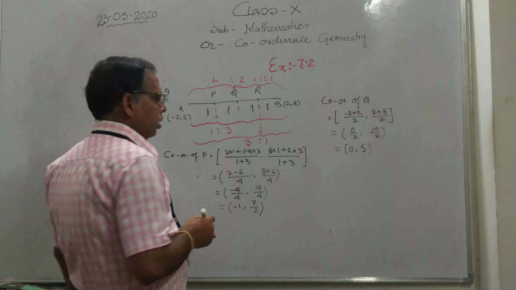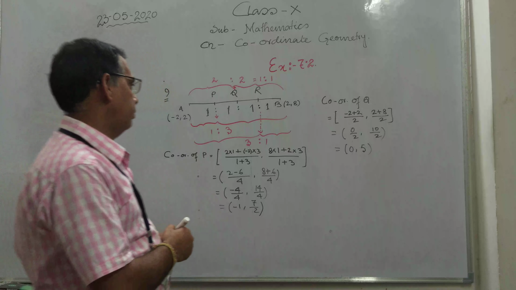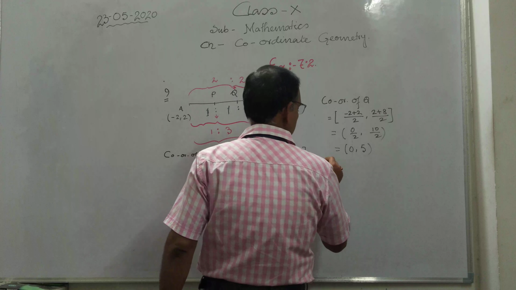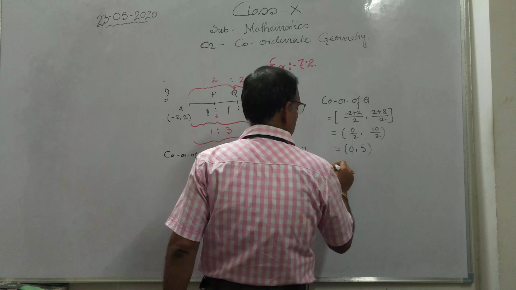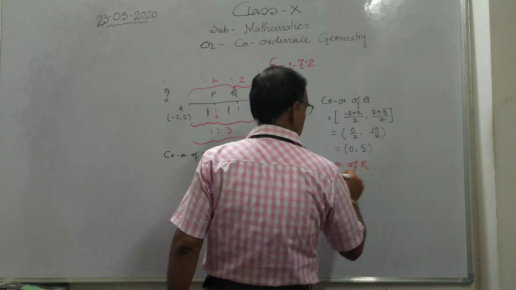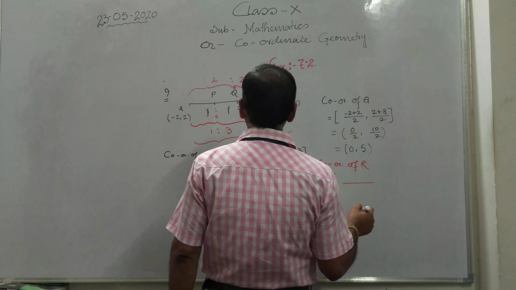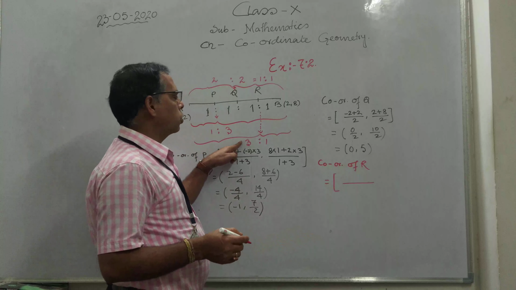And then lastly, that is the coordinate of R. Coordinate of R equal to, what is that? Here it is 3:1.